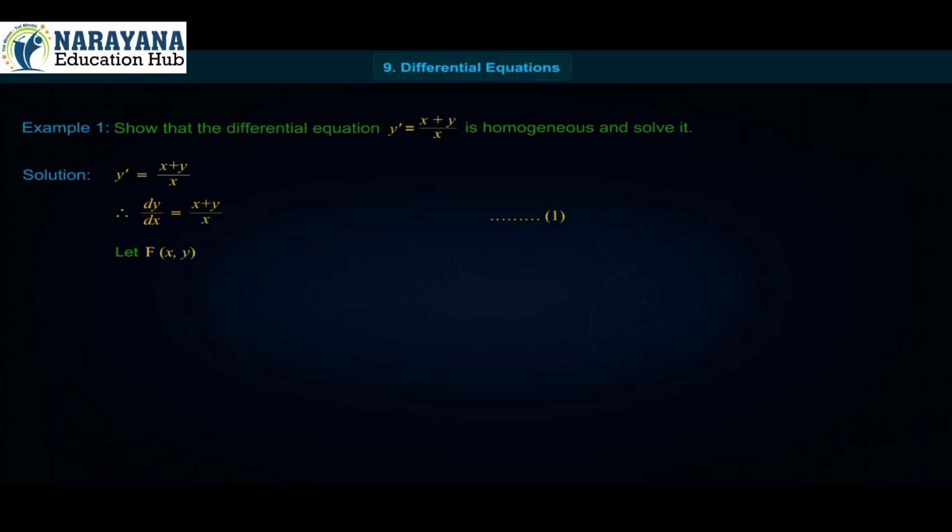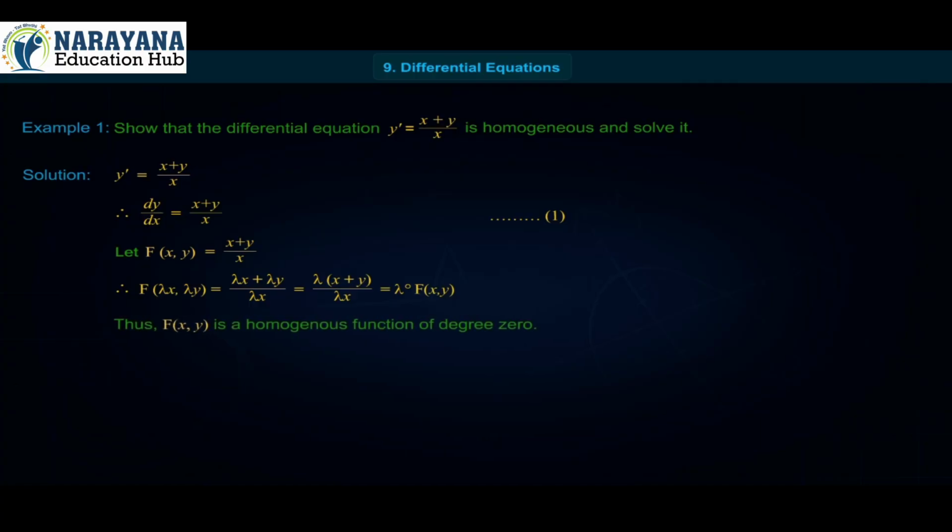Let f(x,y) = (x + y)/x. Therefore, f(λx, λy) = (λx + λy)/(λx) = λ(x + y)/(λx) = λ⁰ f(x,y). Thus, f(x,y) is a homogeneous function of degree 0. Therefore, the given differential equation is a homogeneous differential equation.